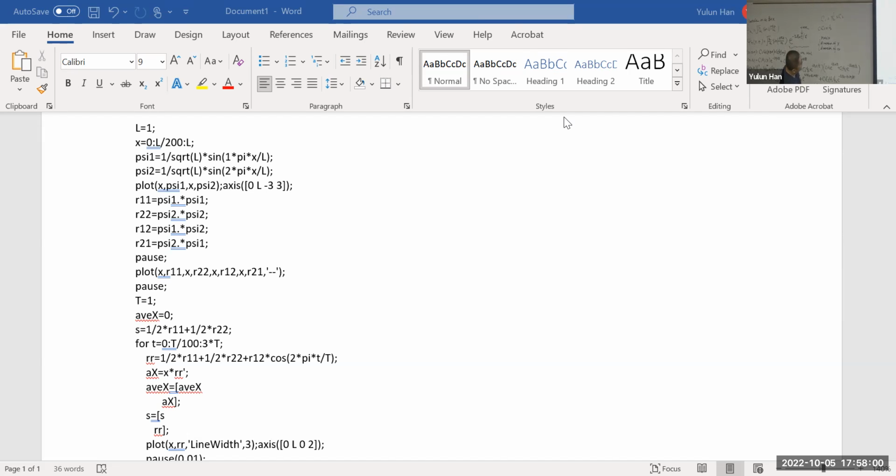So. That's the dimension of X. What do we do here?